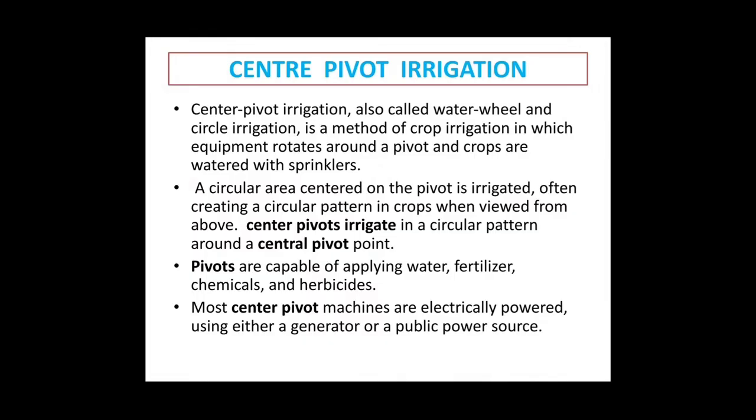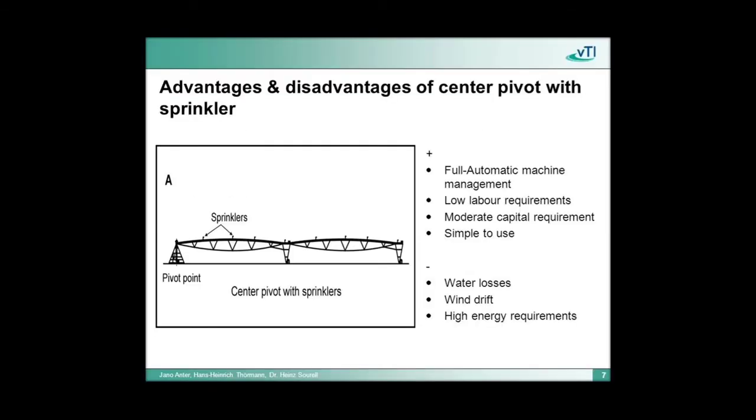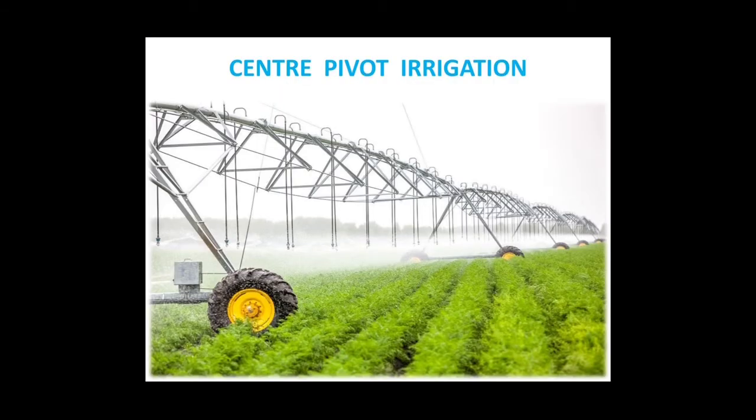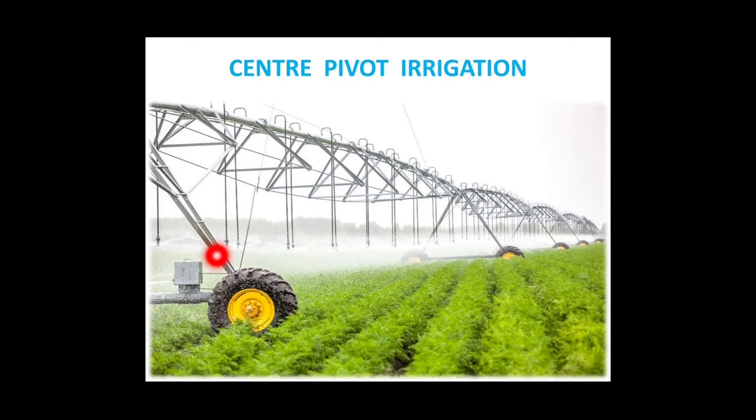Let us proceed to the next one, that is center pivot irrigation. Let's see the picture. Now children, see this. This is the picture of center pivot with sprinklers. You can see at the center there is a stand. These are the stands in between. You can see it's attached with a wheel, and in between there are so many sprinklers.